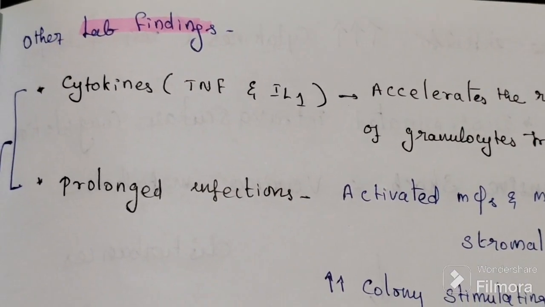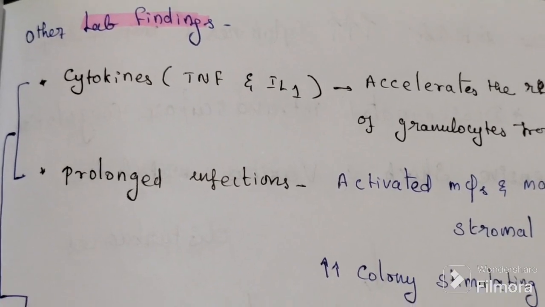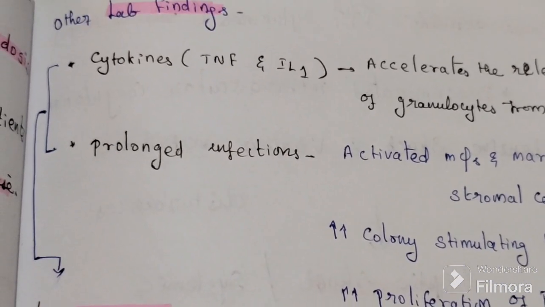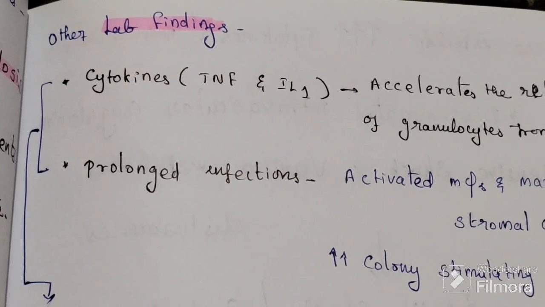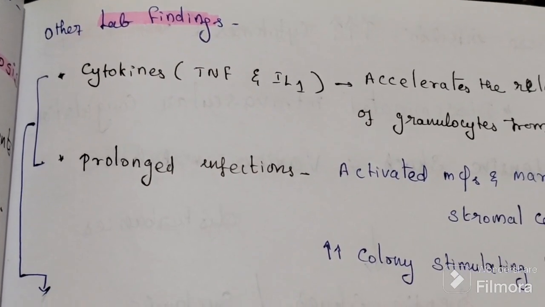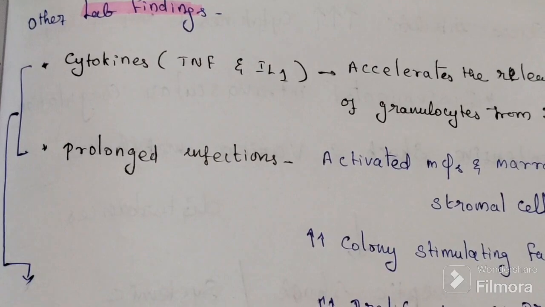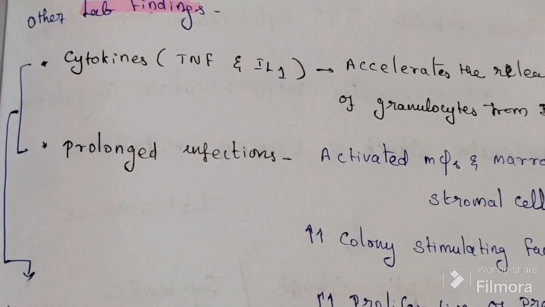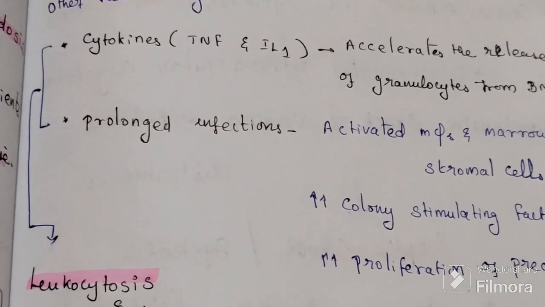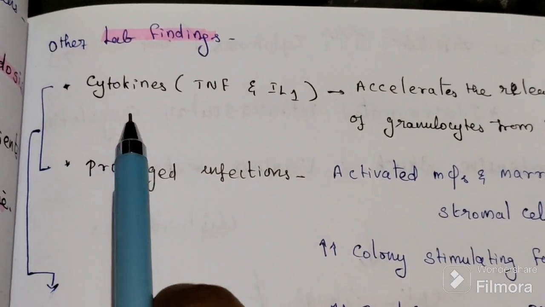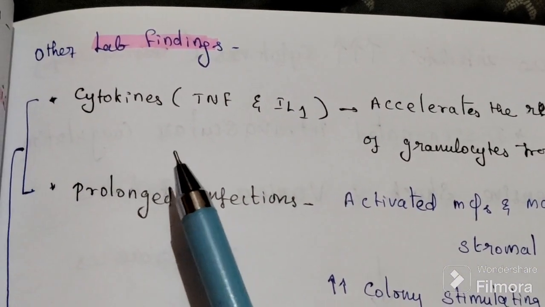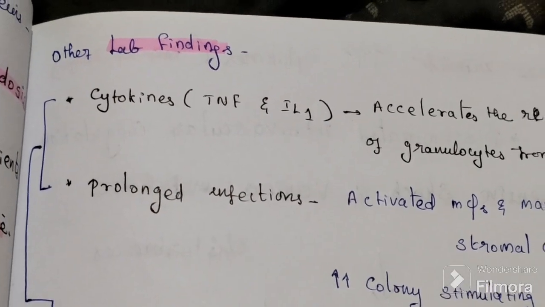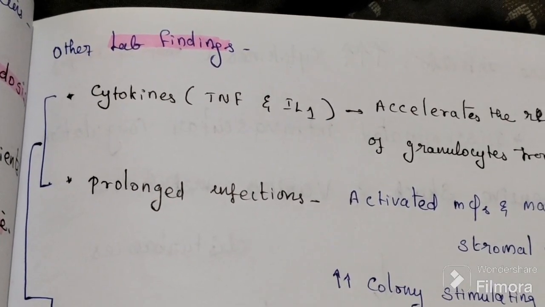Other laboratory findings are leukocytosis. How does that leukocytosis happen? Again, the same cytokines play a major role.